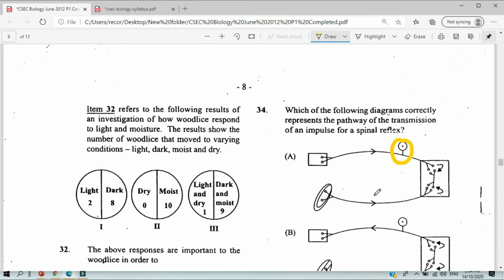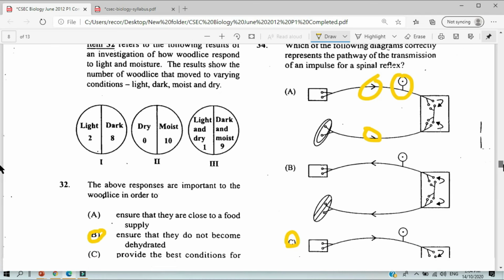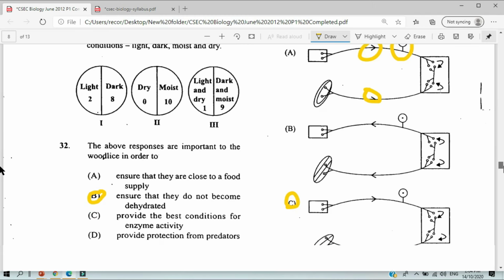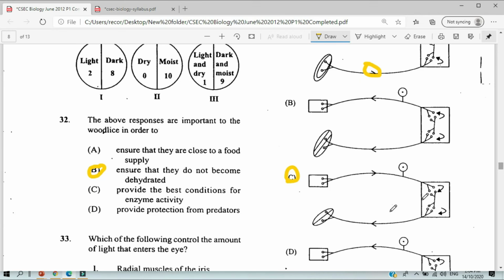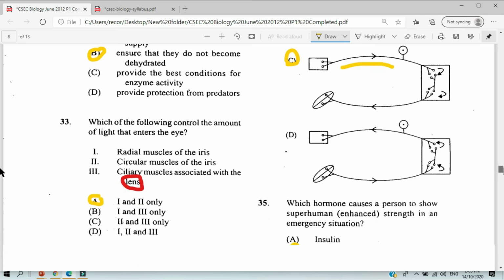So you want to have an appreciation of the flow of information here. Look at the direction that the information is flowing. At no point should the information be flowing in the same direction. So we chose C: information coming here, sensory neuron, connector neuron, then we have the motor neuron and the effector pretty much making the change. So C is the answer there for us.